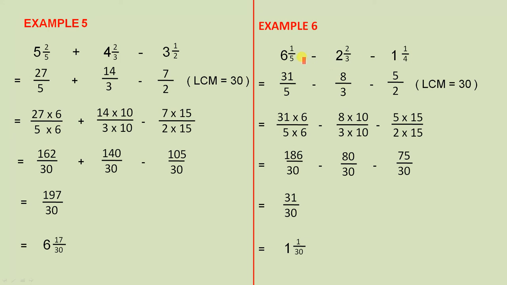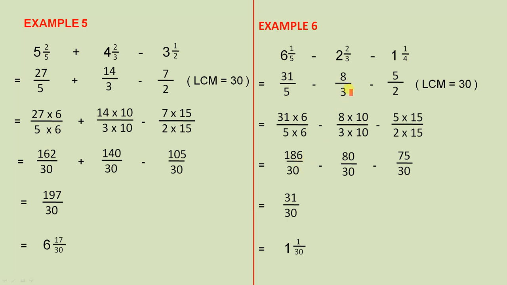Example 6: 6 1/5 minus 2 2/3 minus 1 1/4. That's 31 over 5 minus 8 over 3 minus 5 over 2. The LCM is 30. For that denominator to be 30, multiply top and bottom by 6, which gives us 186 over 30.